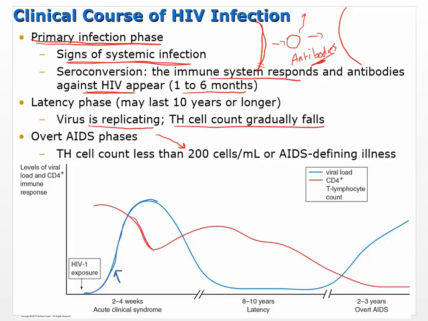The T cell levels go down, and then you start to produce the antibodies, and the antibodies will decrease the number of viruses. And once that happens, then you have this little bit of a recovery of the T cells. But then you reach this balancing point where the HIV is still being produced, it's still killing some of the T cells, and the T cells just decrease over time until you have what people call full-blown AIDS.